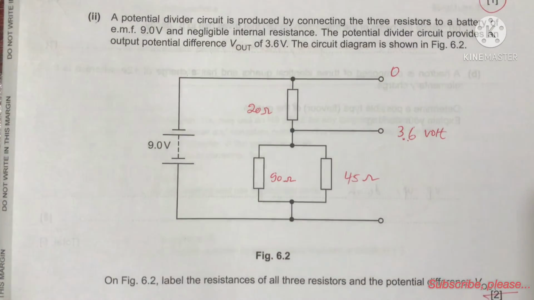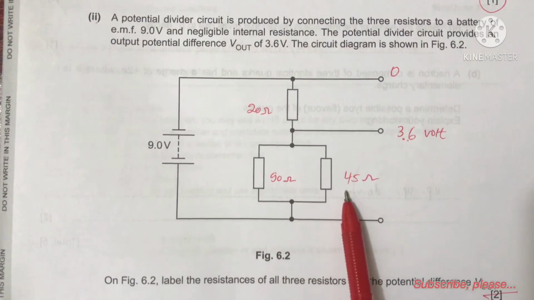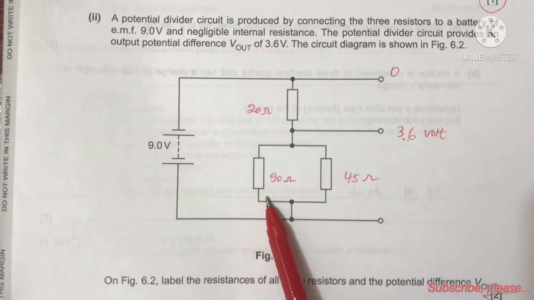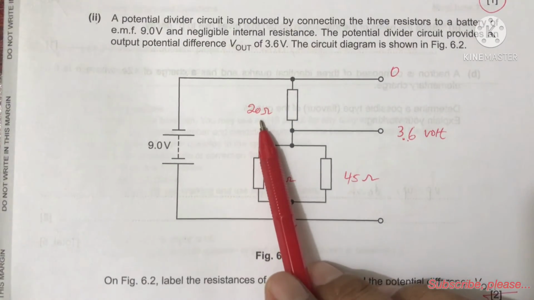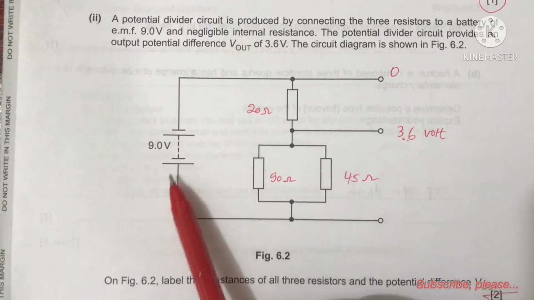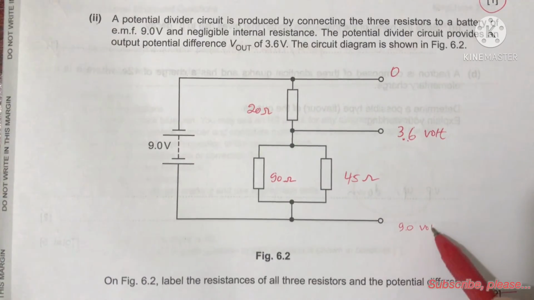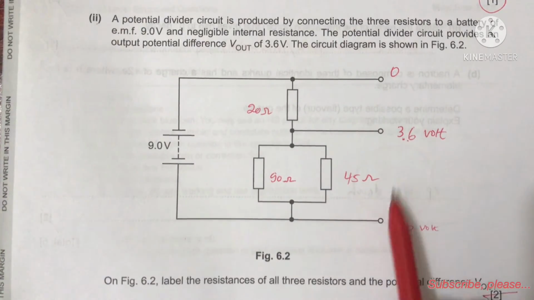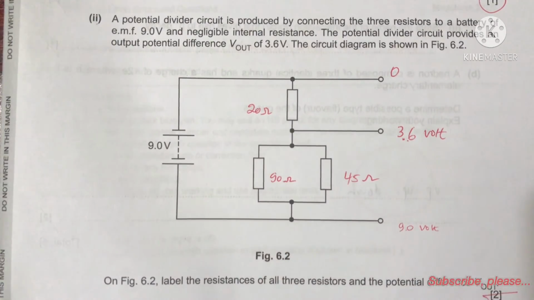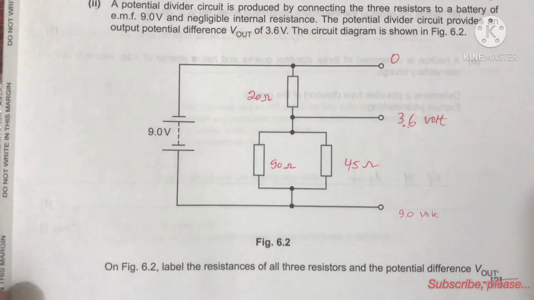This is 90 and 45 in parallel, which become 30, and this is 20. So the output is across the 20. This is 0 volt, and this is 9.0 volt. So 0, 3.6 and 9 volt. This is correct. My students didn't fill this one in, so there is no score.